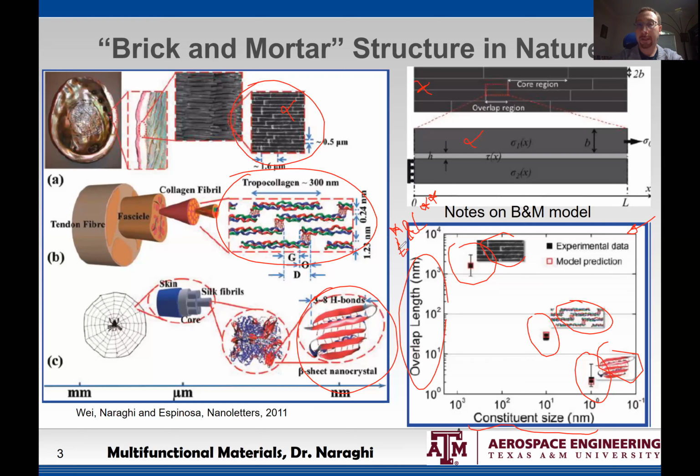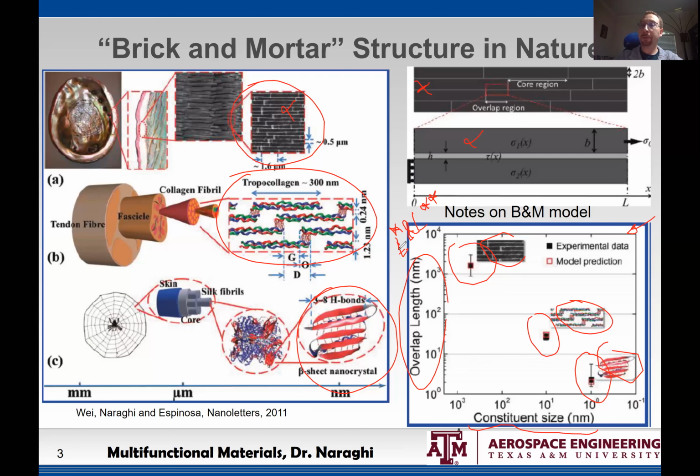L star and L double star are drawn here, and constituent size is drawn there. When we talk about experiments, for each constituent we know the length, so it's only one length, but there's variability in nature. In the model side, the range is based on L star and L double star, so the range includes both of them, and you see the overlap between all three.